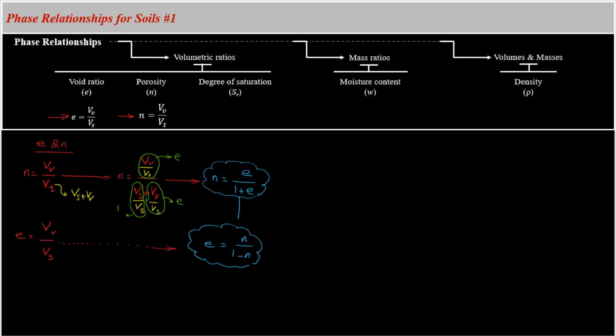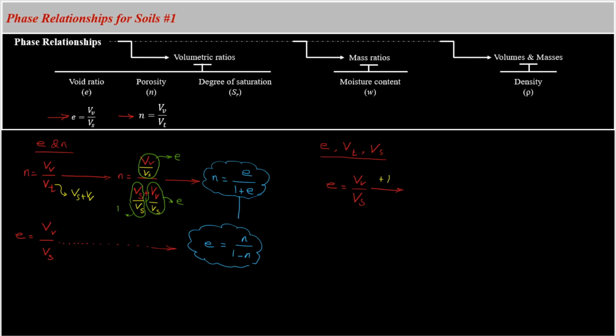Now, there's another equation that is really helpful to use in phase relationships problems. That is the equation that relates e, V sub T, and V sub S. So to derive this equation, let's just start with the equation of the void ratio. Then what we can do is that we can add 1 to both sides of the equation.